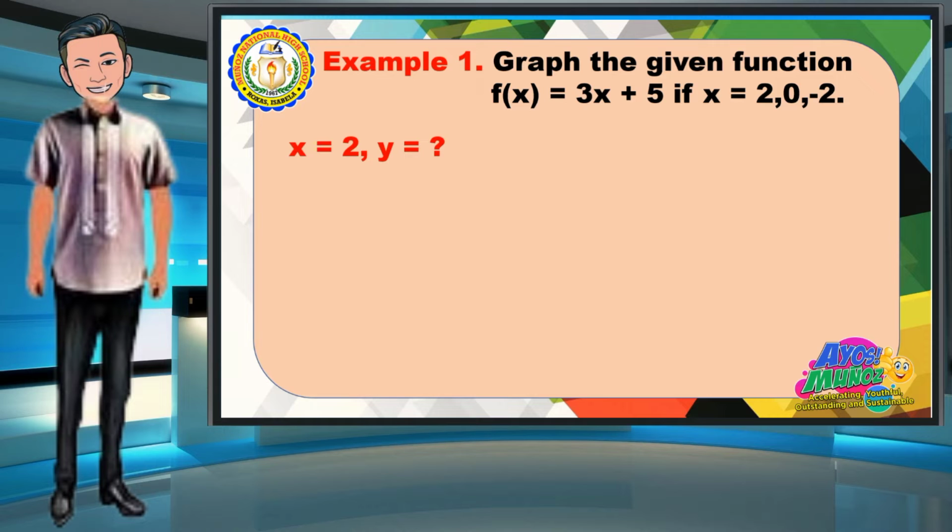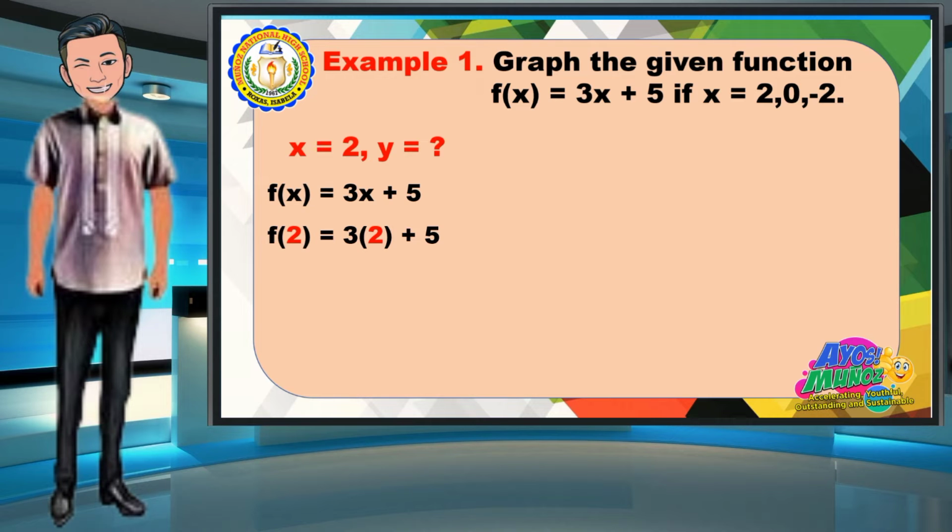First, we're going to find the coordinates or points to graph the given function. By using our function f of x equals 3x plus 5, first, we're going to substitute the values of x from 2.